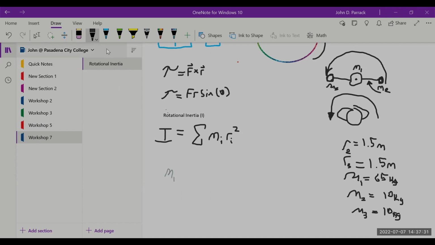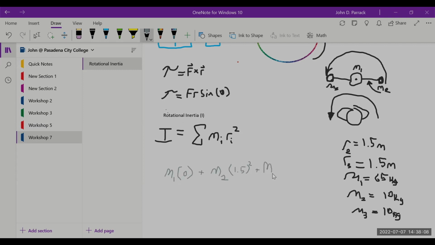So we're going to say M1 times its distance from the central axis, which is 0. And then we're going to add on, because we're doing the sum, mass number 2 times R2, which is 1.5, and I'm going to square that.